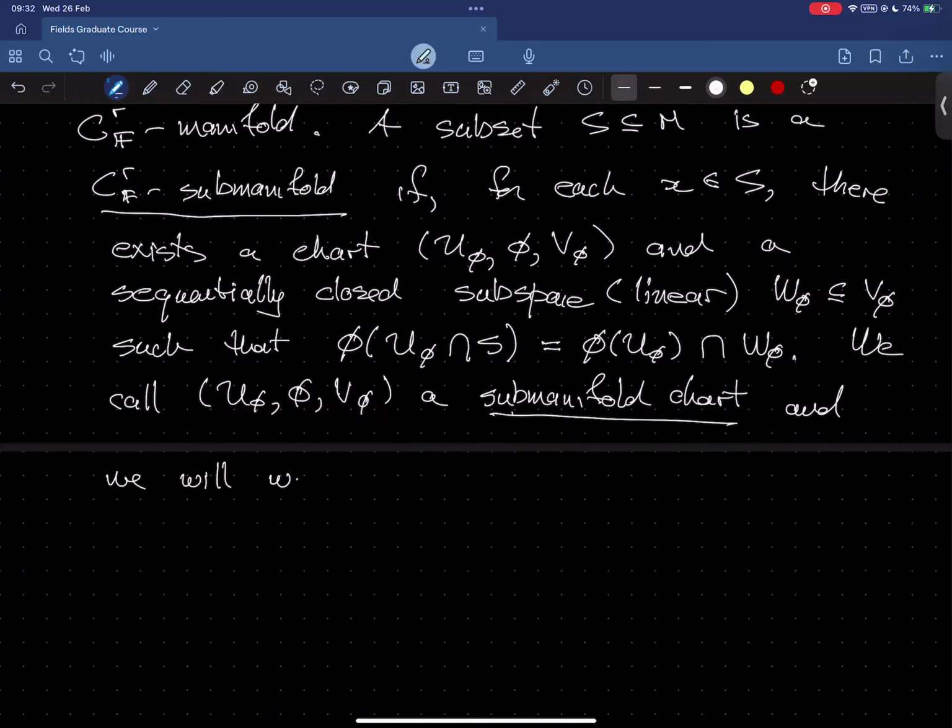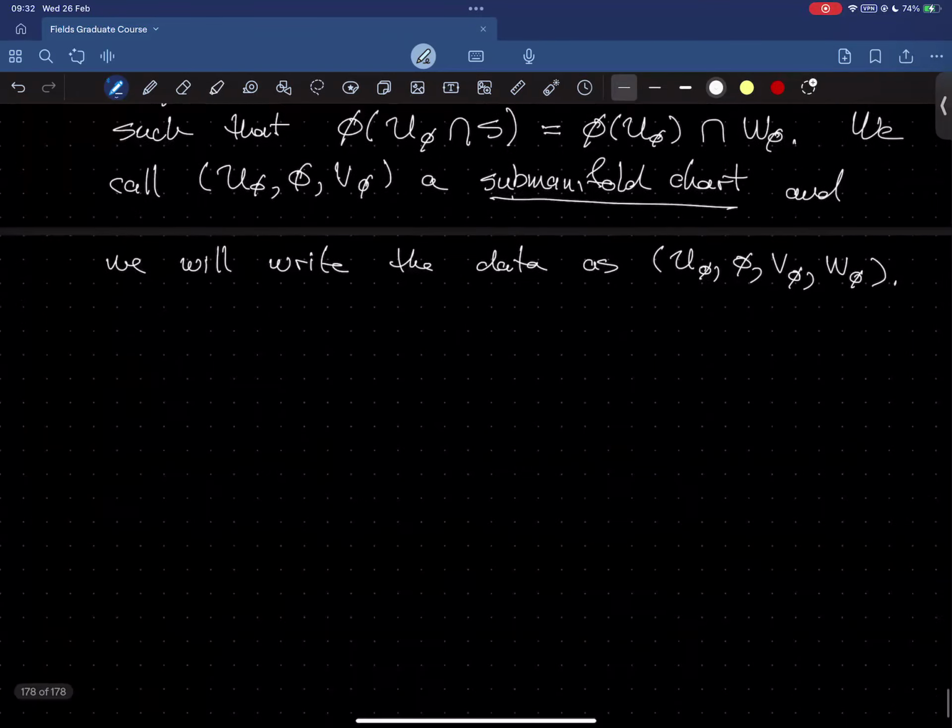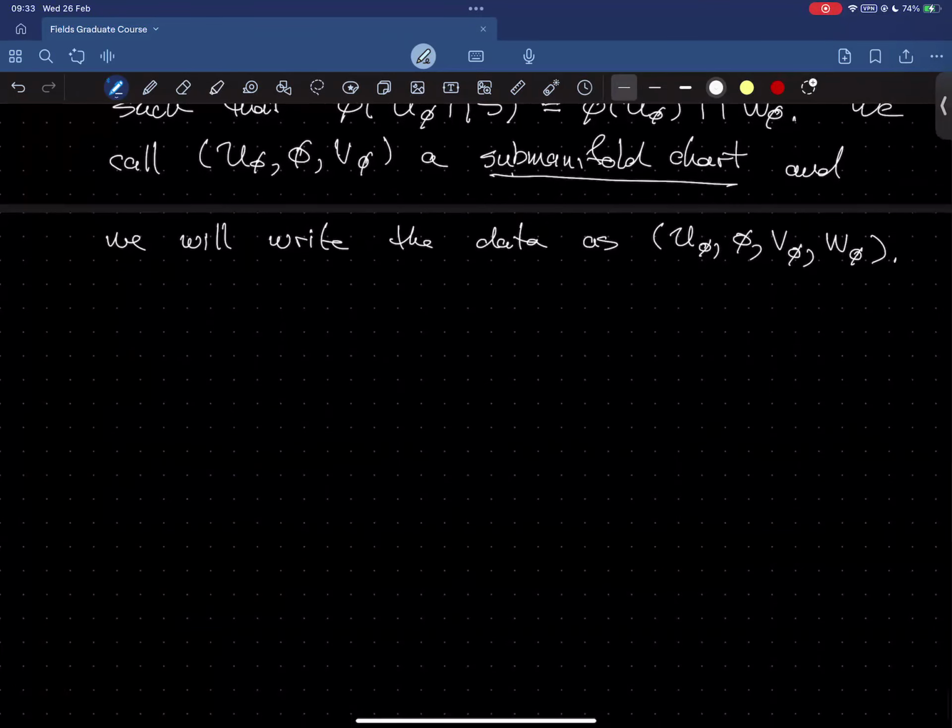I'm typically going to write all that together. When I want to specify a submanifold chart, I will give the full collection of data. Good. So what's the picture there?